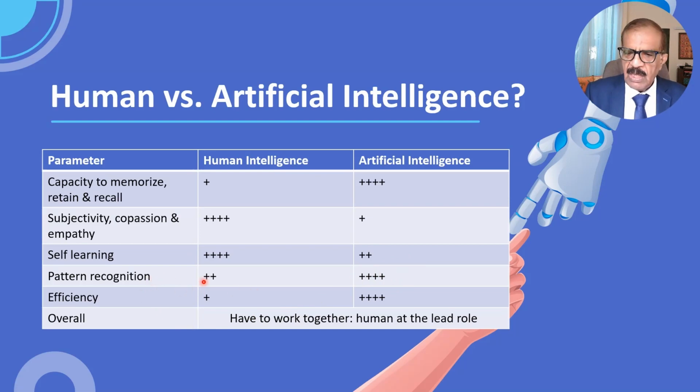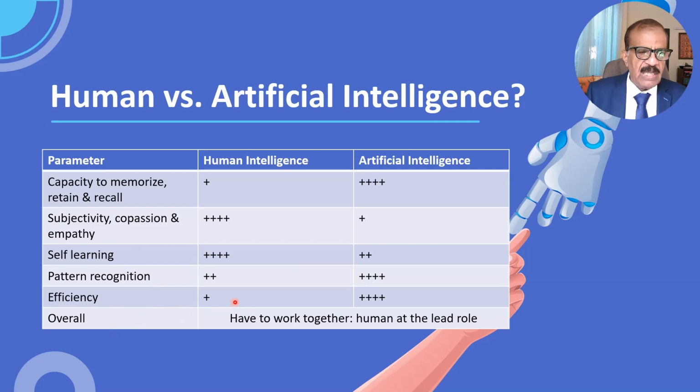Pattern recognition: humans can of course recognize patterns very fast, but a machine is super fast. For example, a machine can go through millions of images in a few seconds, and humans cannot do that. And a machine can build up a pattern very fast compared to humans.